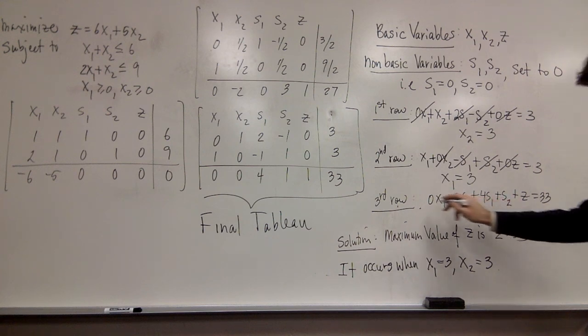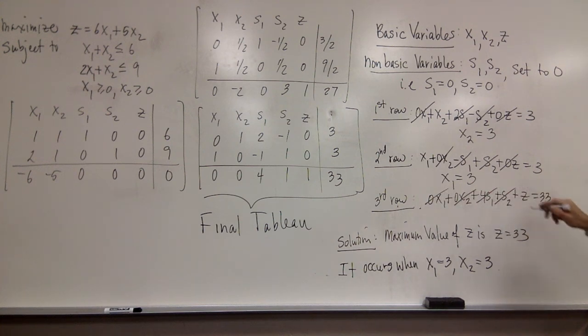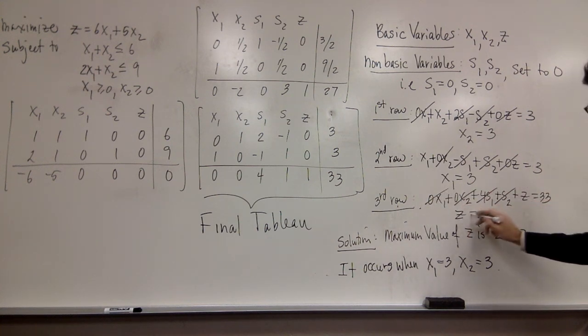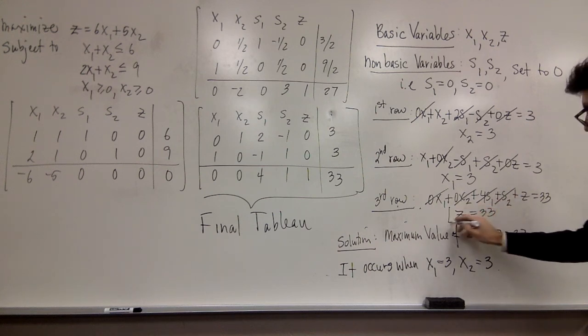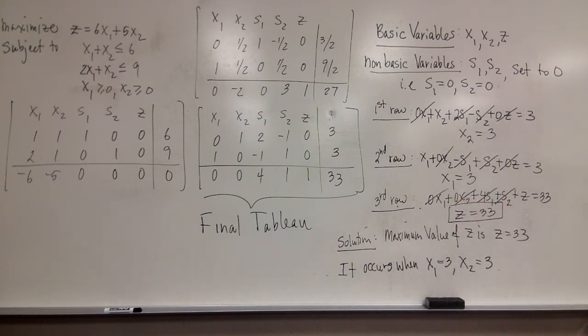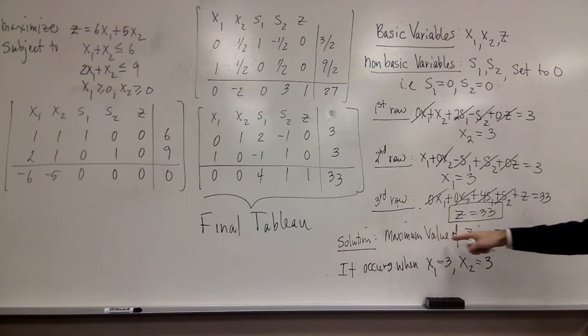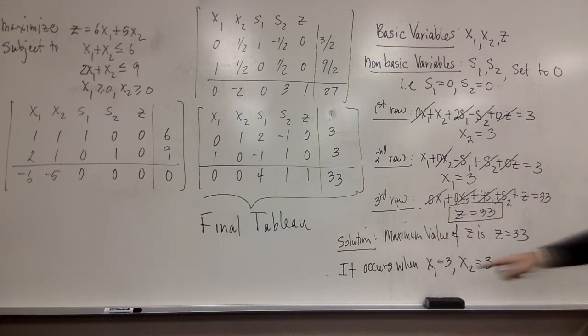And we use the fact that s1 and s2 are 0. So in other words, we have that z is equal to 33. And so we can interpret the final tableau as saying the solution is, well, the maximum value of z is 33, and it occurs when x1 is 3 and x2 is 3.